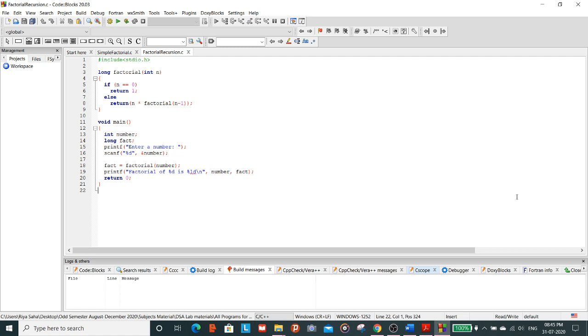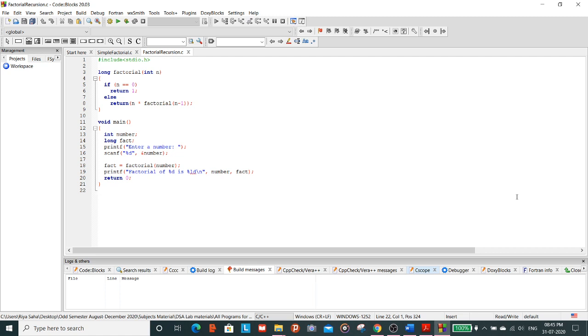Recursion cannot be applied to all problems, but it is more useful for tasks that can be defined in terms of similar subtasks. For example, it may be used for sorting a number, searching a number, to find out the Fibonacci series, to find out the factorial. Here we have to discuss all about factorial numbers.